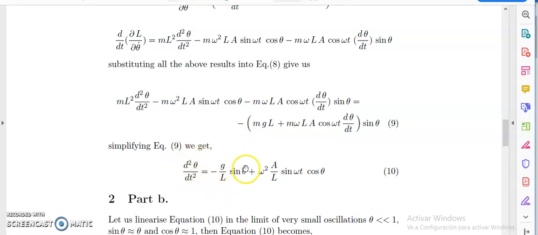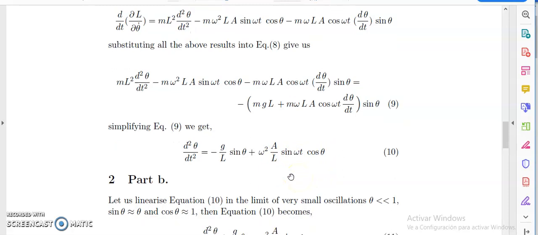This is the equation for the pendulum, but with a support moving in the x direction with harmonic oscillation.